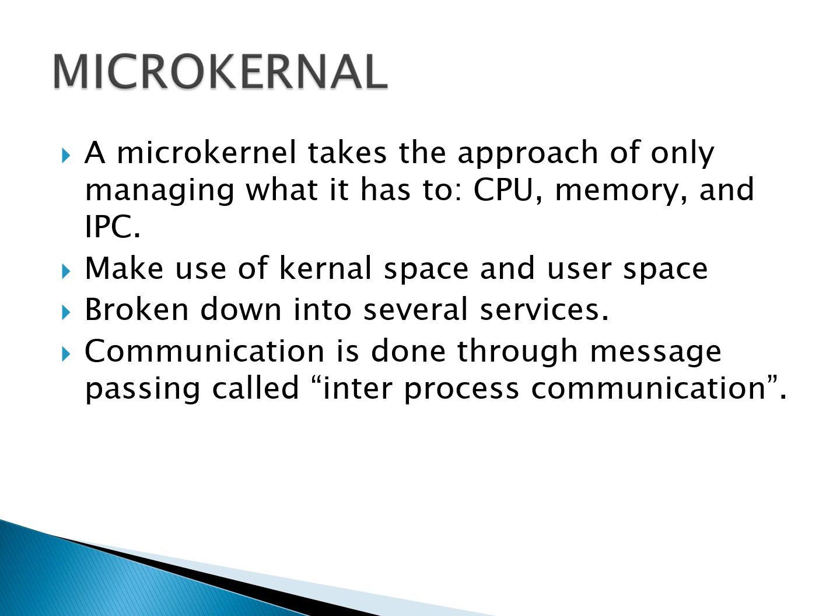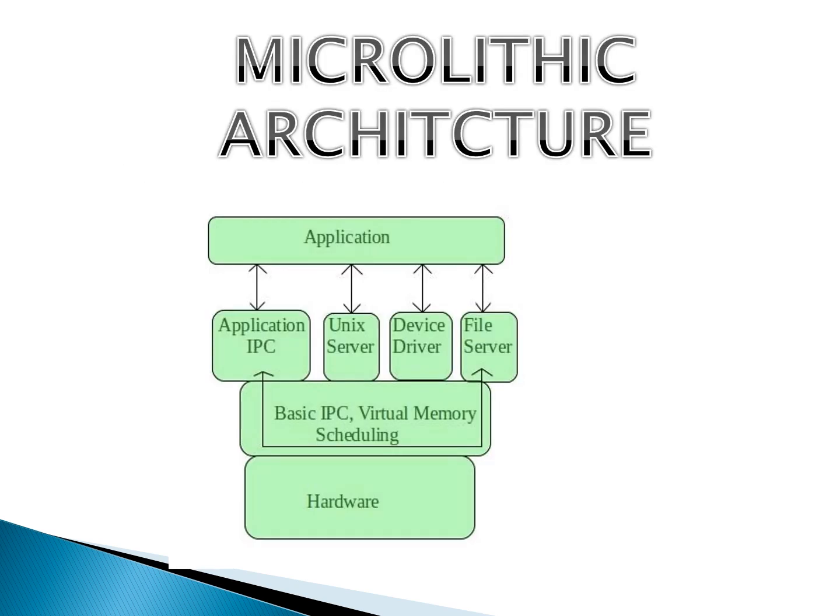Let us see the architecture of the microkernel. In this, you have hardware and an application. Both are interfaced through the kernel and the user mode. Over here, you have a few services in the kernel mode and a few services in the user mode.